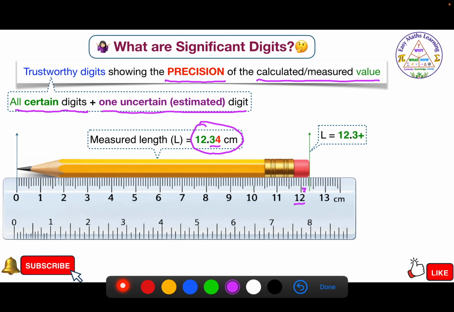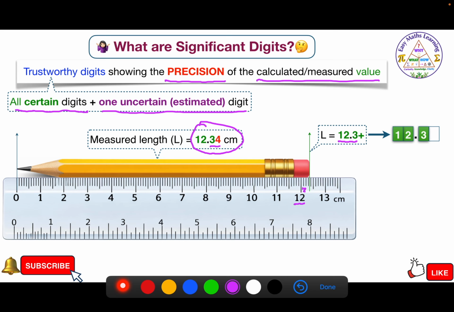It means it may be 12.31, it may be 12.32 or 12.33. It can be up to 12.39, which is the meaning of 12.3 plus something. So here digits 1, 2, 3 are directly measured using the scale with certainty.